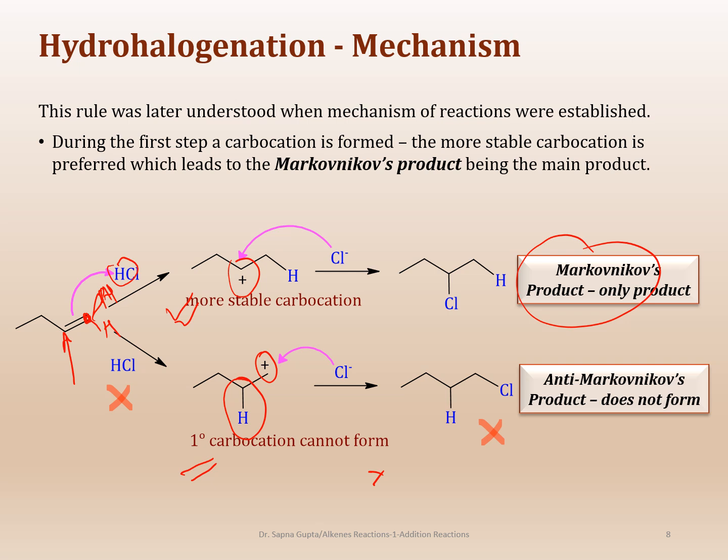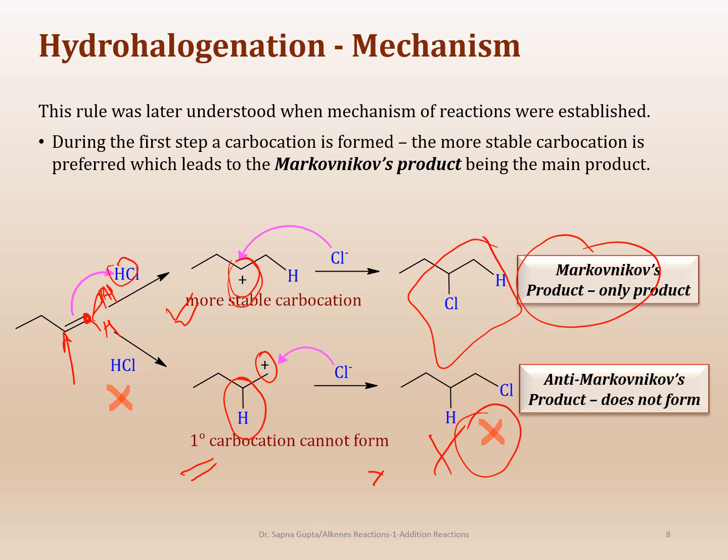Now when the chloride comes and attacks the secondary carbocation that was formed here, you end up getting this kind of an addition, and you will never ever get this kind of an addition. Okay, not never, not through this mechanism.